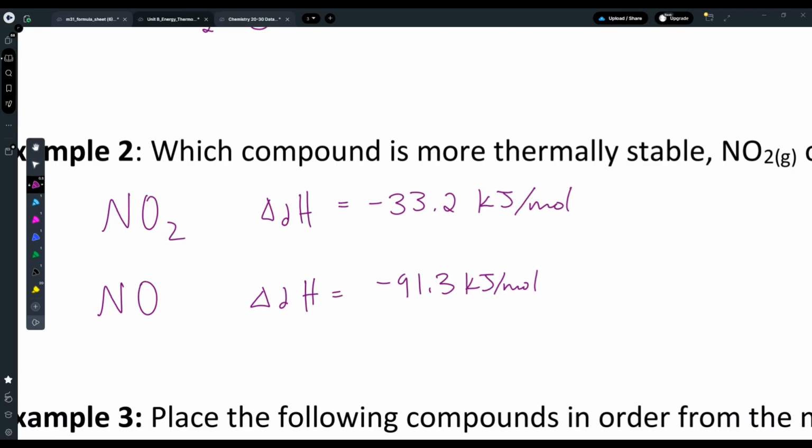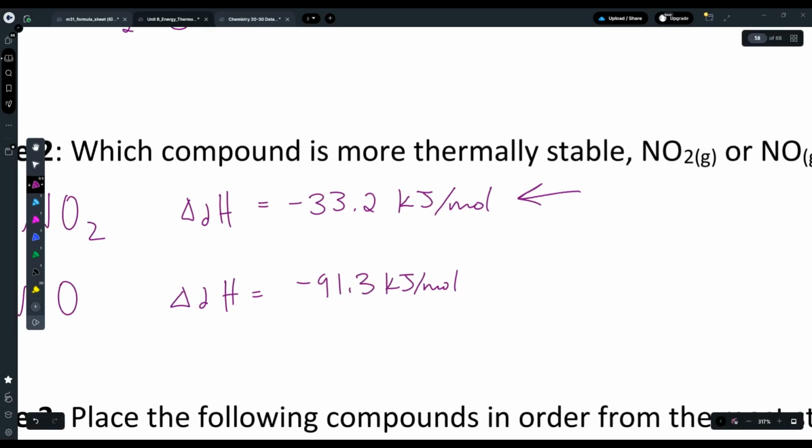Now, since both of these are negative numbers, you could also ask yourself, which one of these numbers is closest to 0 to help yourself out. Okay, so ultimately, nitrogen dioxide has the higher molar enthalpy of decomposition. So out of these two, nitrogen dioxide is more thermally stable.